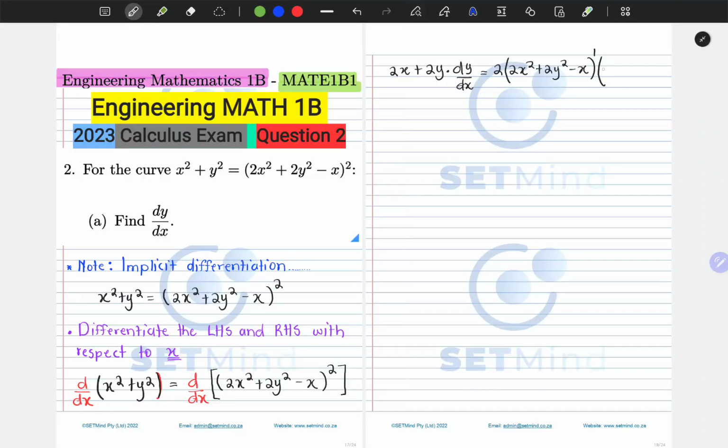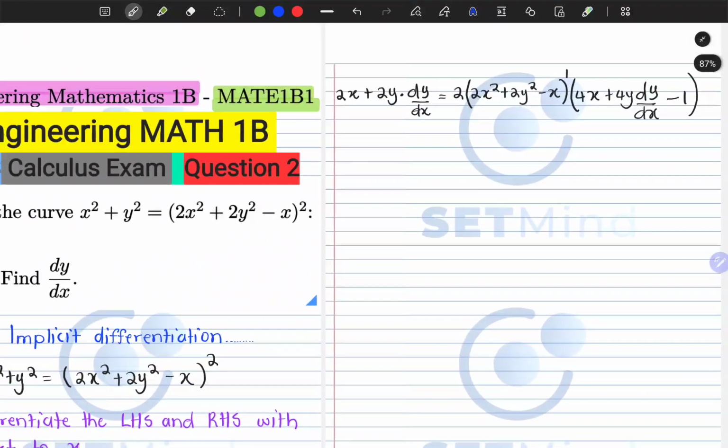When we derive 2x squared, we get 4x. When we derive 2y squared, we end up getting 4y and then dy dx. Then we have x there, which we can derive to get a minus 1.